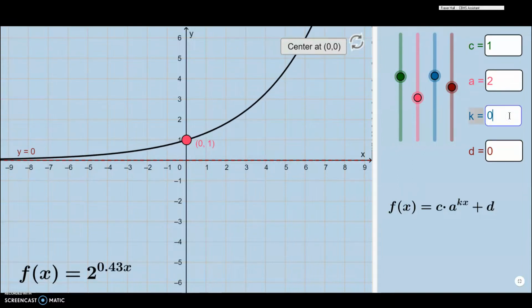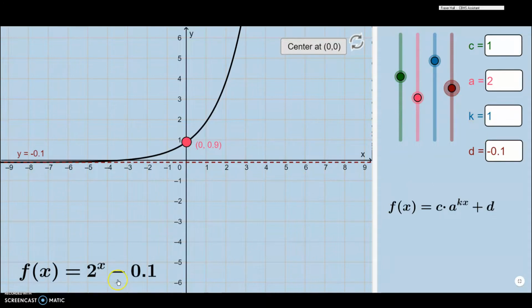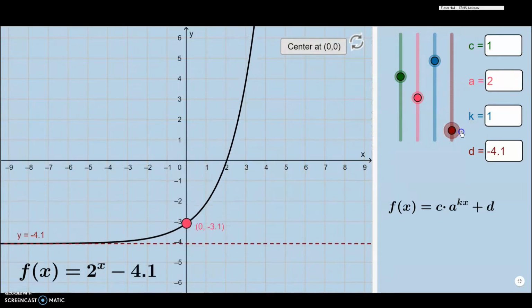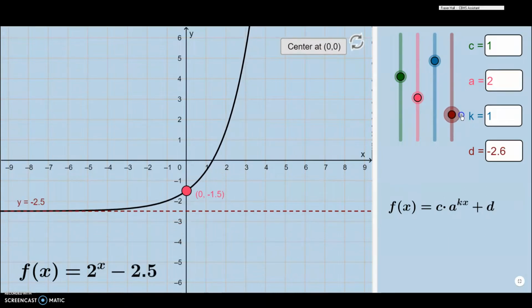Again, I'll make that back to 1. But the key thing to this question is talking about the asymptote. So if I change this constant, the number by itself on the outside, you can see that it moves up and down. The whole thing is translated by whatever that number is.